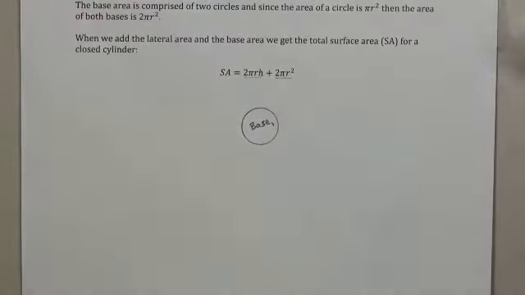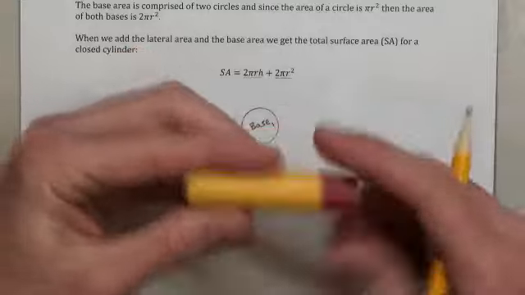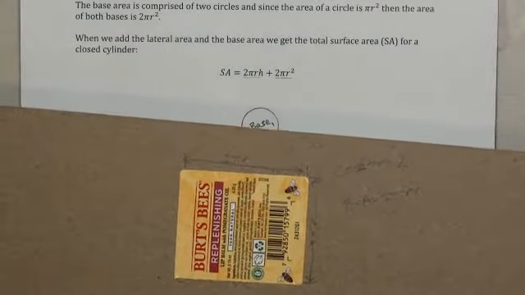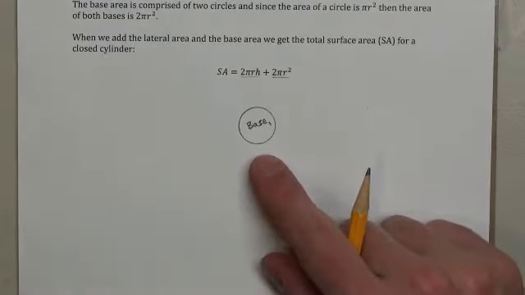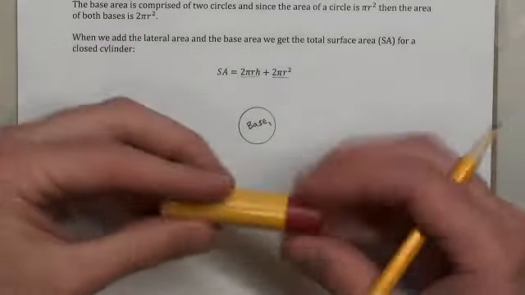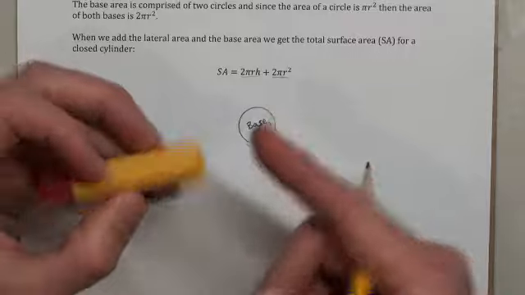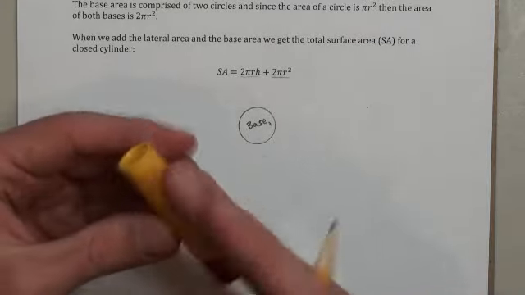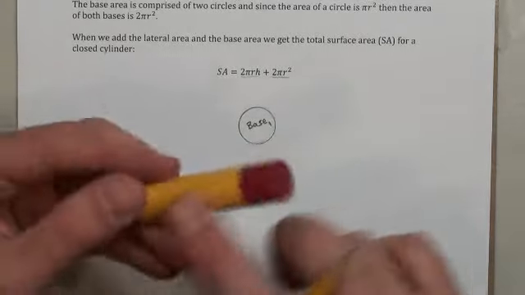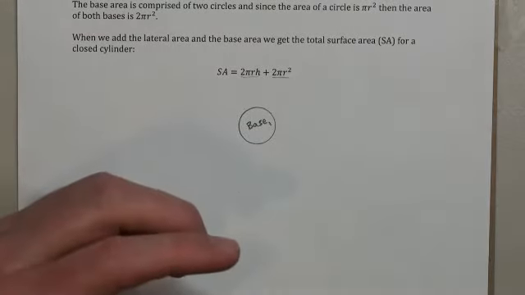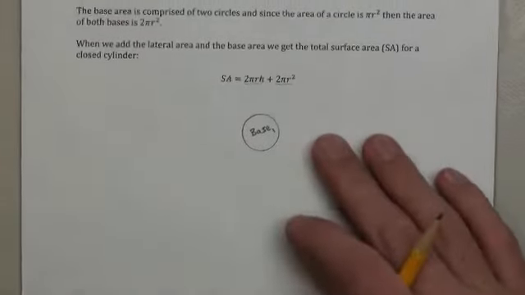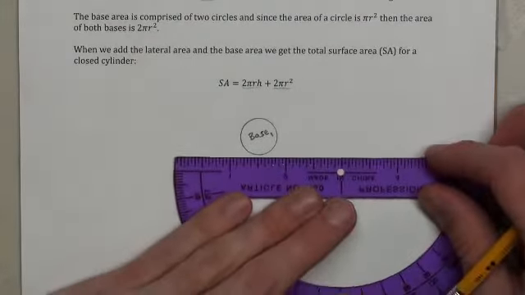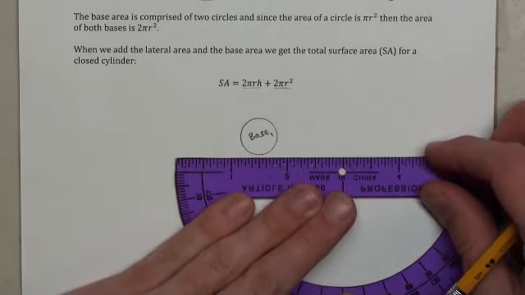And now, when I peel, we have the lateral area of this thing, which was that rectangle. So what I'm going to draw now is a rectangle. This is a picture of me, like if I disassembled this thing, if I took the top off, if I took the bottom off, and if I unwrapped this whole outside area. So I'm going to draw that rectangle now that I peeled off.